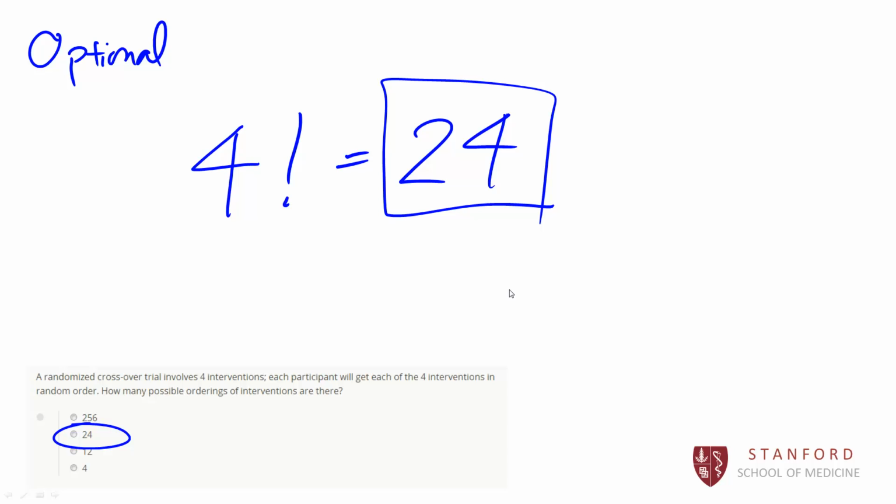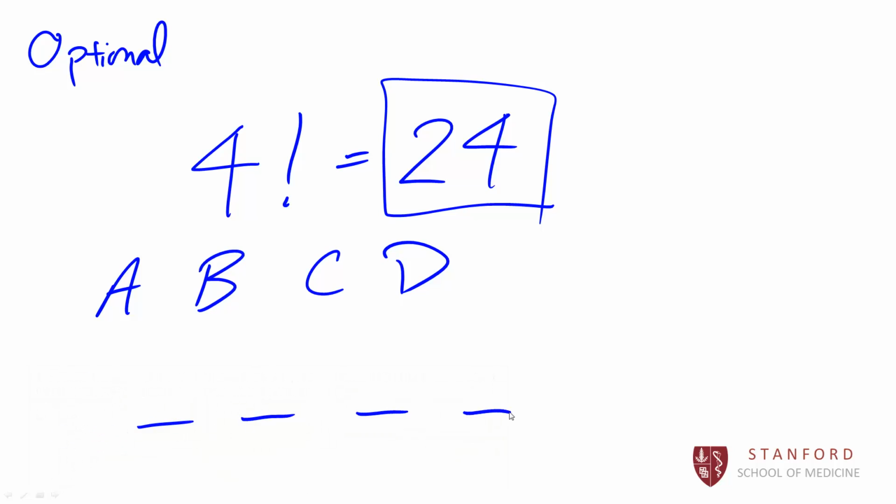Now the reason this is 4 factorial might not be immediately obvious at first, but basically the question's asking for the possible orderings of 4 different interventions. So basically imagine you have intervention A, intervention B, intervention C, and intervention D, right? So it's asking us how many ways can you order these 4 letters.